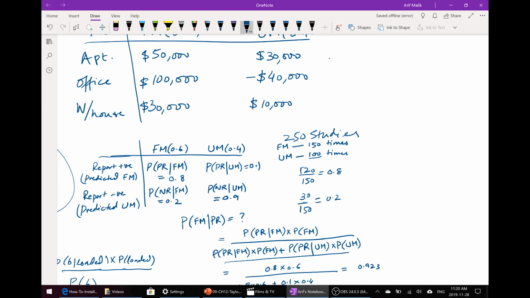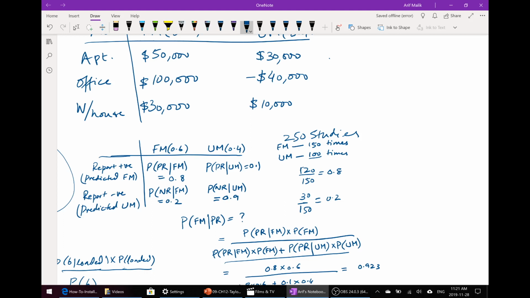Having these statistics, now we can work out what would be the probability of getting favorable market given that the report is positive, or the probability of getting unfavorable market given that the negative report has come, etc. And this will help us in decision making. There are now two sequences of decisions we have to make. The first decision is whether to go for the report or not.